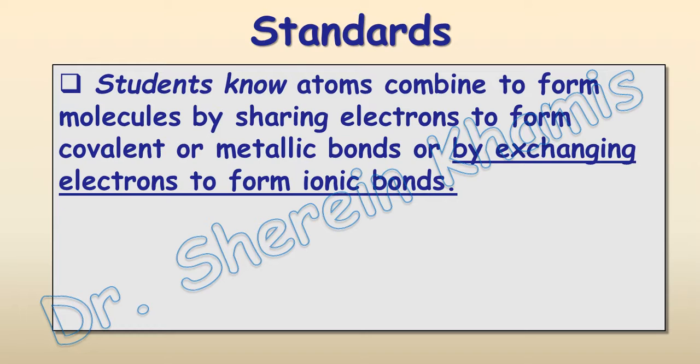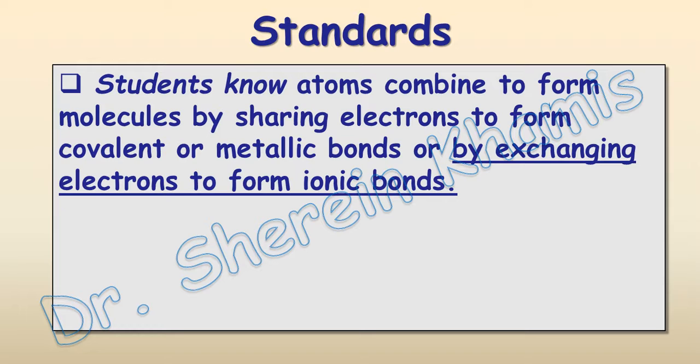If the atom shares two electrons and the other atom shares two electrons, the bond will be double. The third one, if the atom shares three electrons and the other atom shares the same three electrons, we have a triple covalent bond. This is the first one.